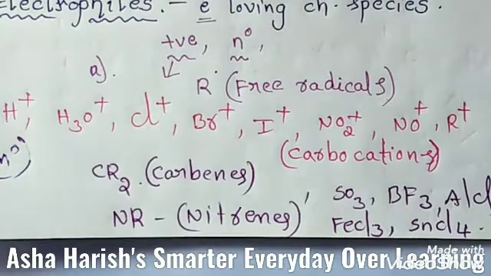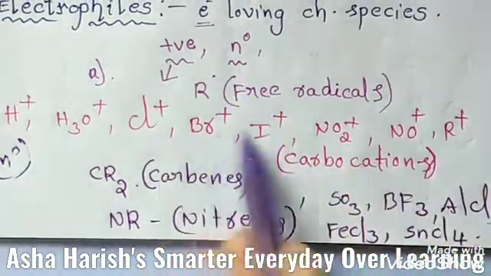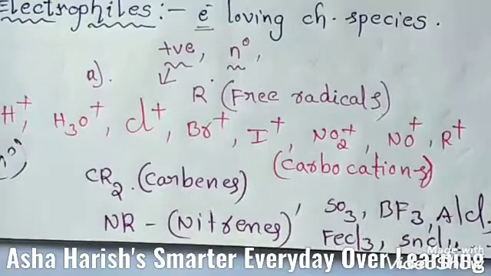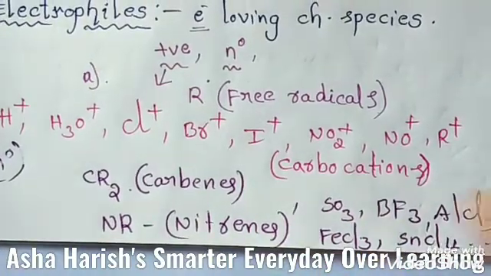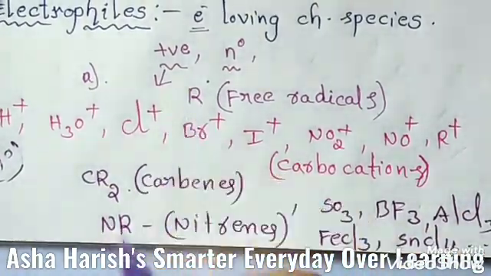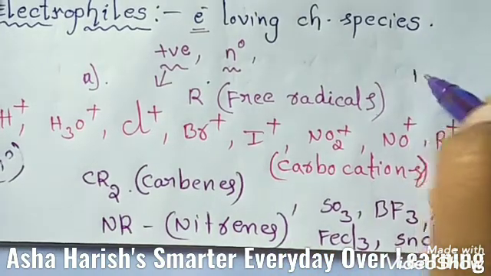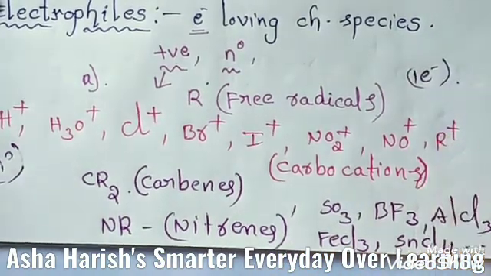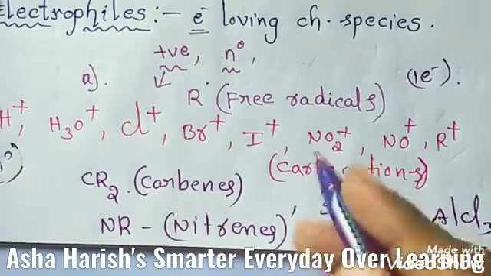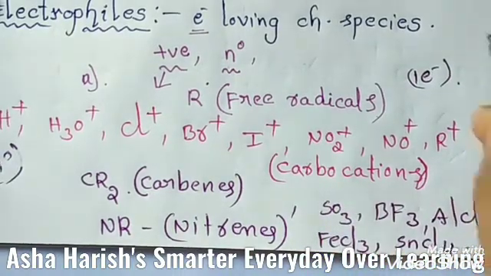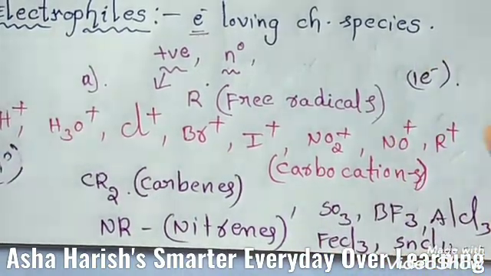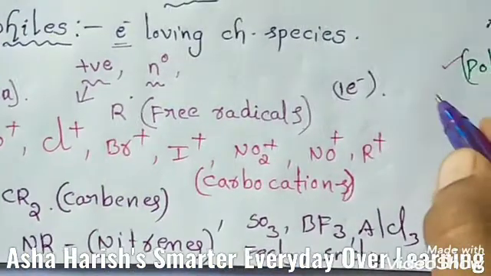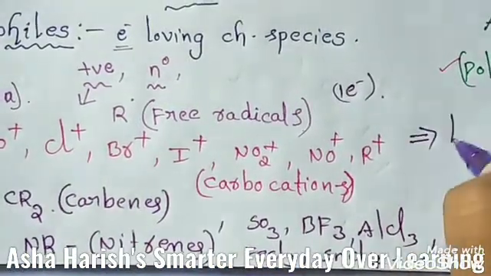Both positively charged and neutral electrophiles are short by a pair of electrons, while free radicals are short by only one electron. They have a strong tendency to attract electrons from other sources and hence behave as Lewis acids.